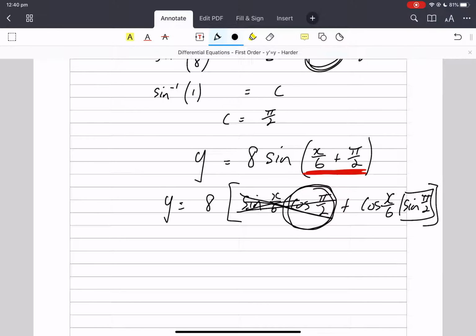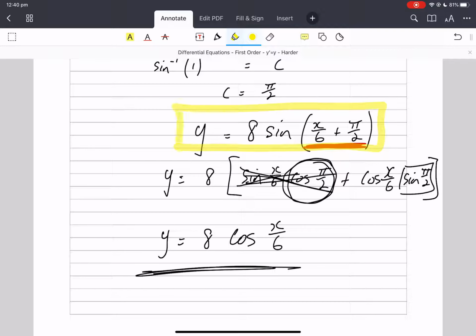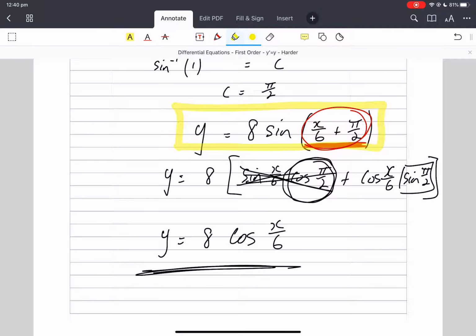Sine pi on 2 is just 1, so we're going to get y equals 8 cos x on 6. There you go. So I don't know whether you remember, but this was our first answer, and we recognised that that wasn't simplest form. So we're going to modify our answer and put it in simplest form.